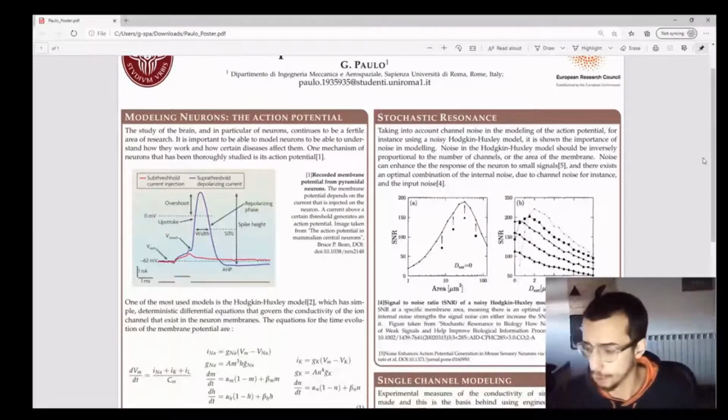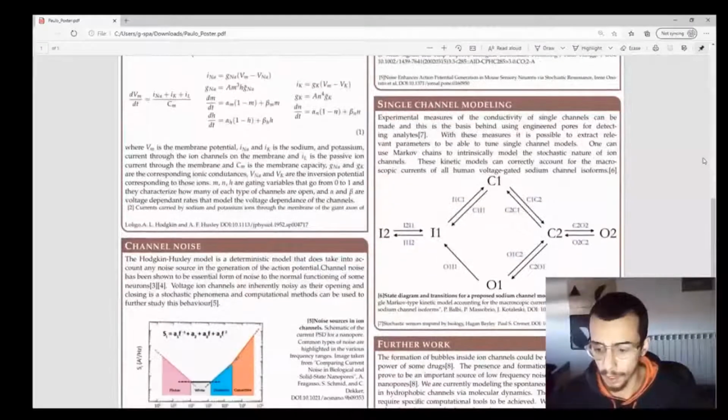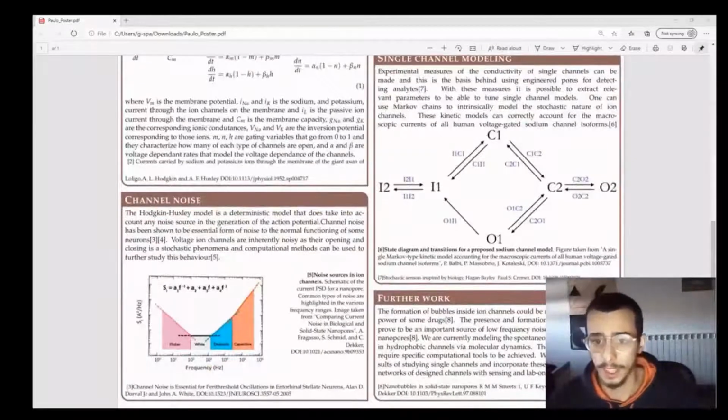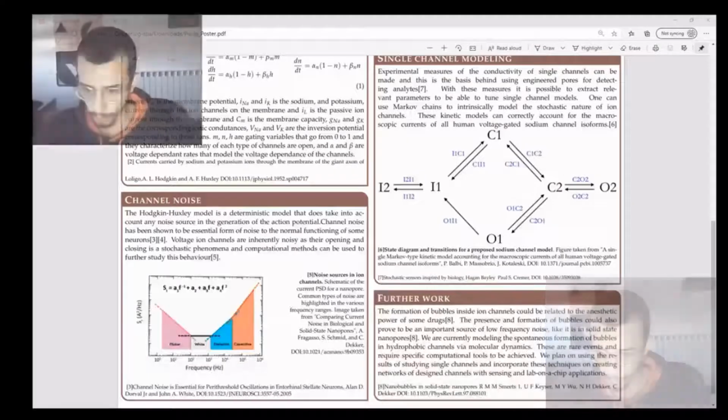There are also already some models that can study the behavior of single channels and introduce Markov chains that completely mimic the stochastic nature of the channels.